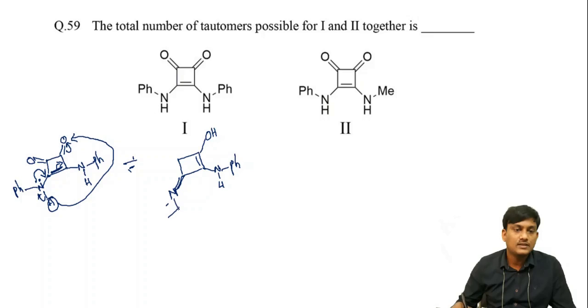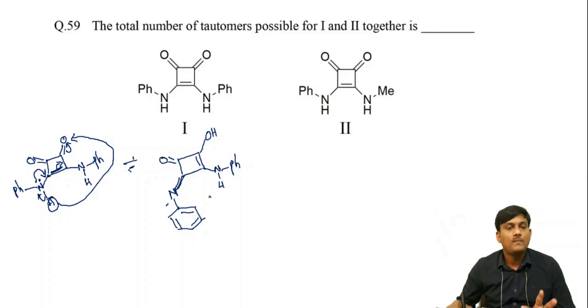Let us take the phenyl ring. This is the phenyl ring you have, and here there is a double bond O. And again, there is a participation of pi electrons of the phenyl ring like this.